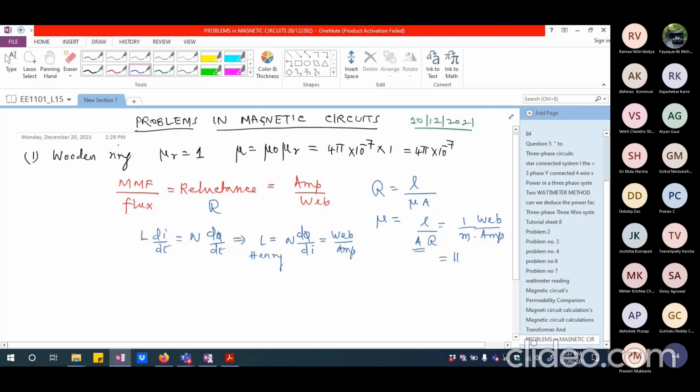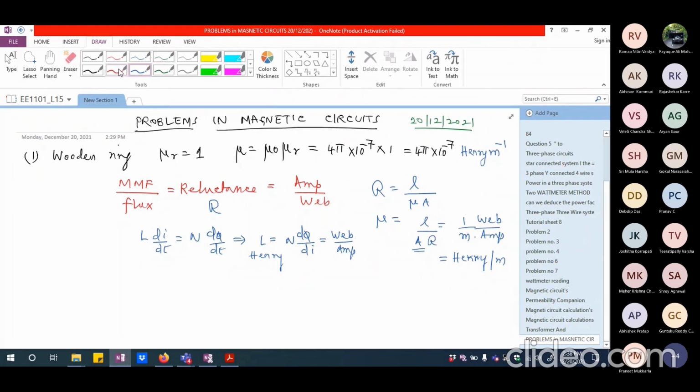So I can write this as Henry per meter. Whatever I have written here is actually permeability, which has to be written in the form of Henry meter power minus 1. That is the unit as far as the permeability is concerned for wood or any other substance.